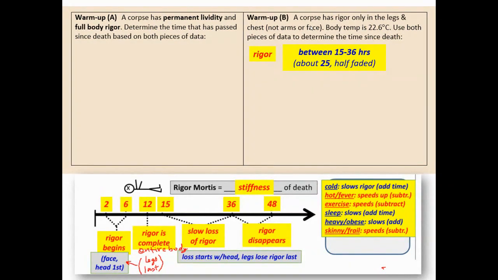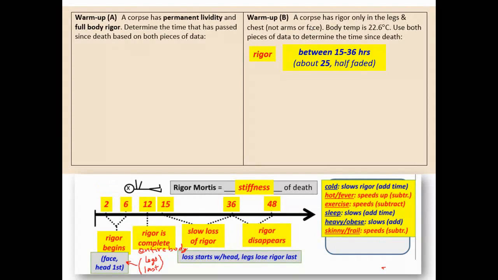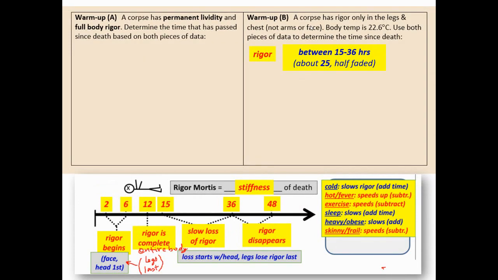The rigor has faded in the face and arms, but is still present in the chest and legs. So it's about half faded. Halfway between 15 and 36 is about 25. Okay, so we're going to try to make an estimate closer than just that giant range of 15 to 36. Sometimes that's a little tricky, but in this case, I called it half.